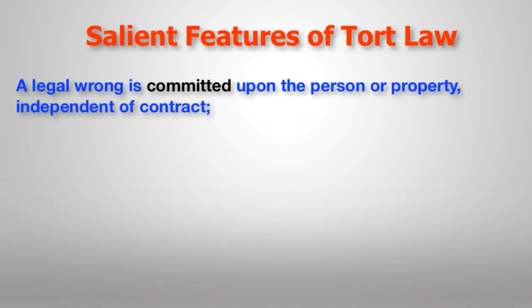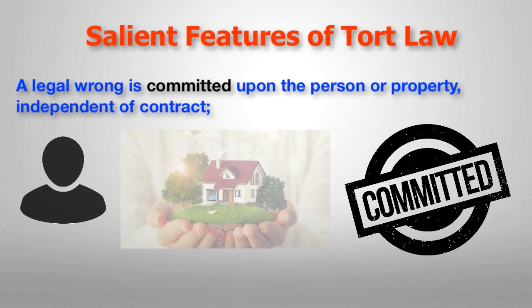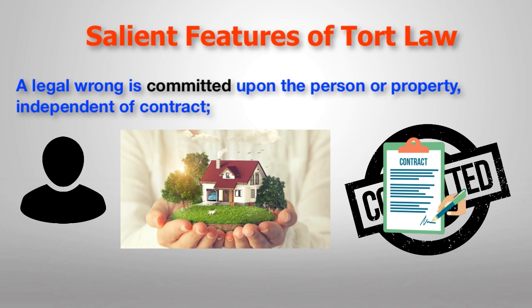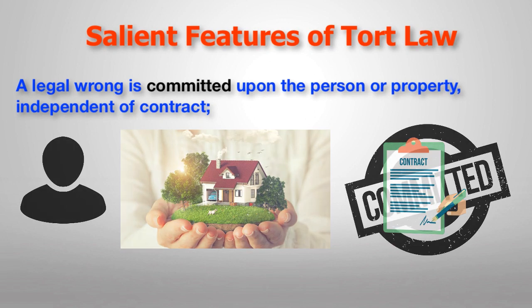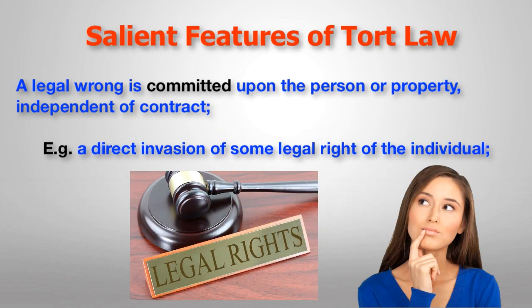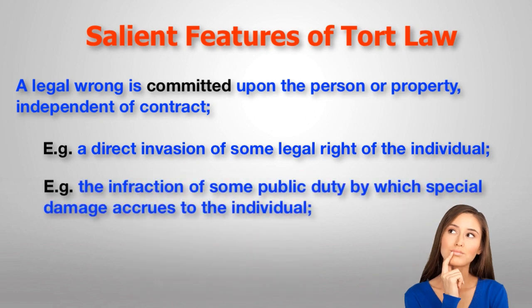Now the next point is, a legal wrong is committed upon the person or property independent of contract. So keep contract aside and focus on the things that you have in general, and not because of a contract. Okay, so see the example. A direct invasion of some legal right of the individual. Whatever fundamental rights you have, those are legal rights. If someone is violating that, as we have discussed, that is tort. Then there is the infraction of some public duty by which special damage accrues to the individual.